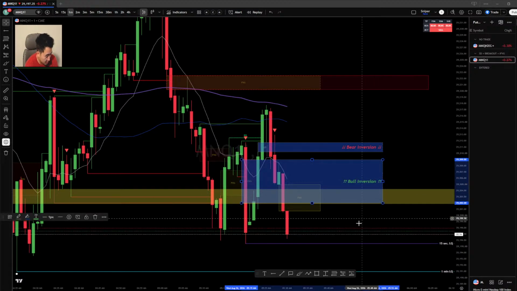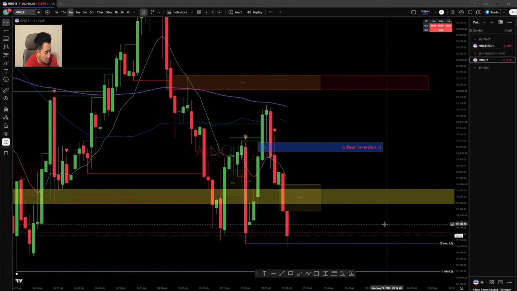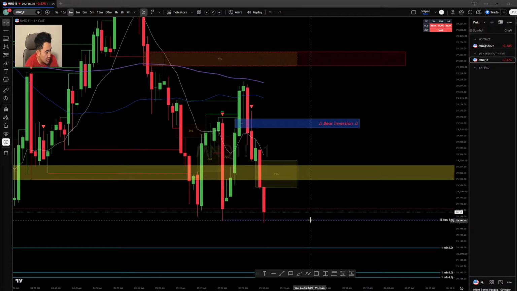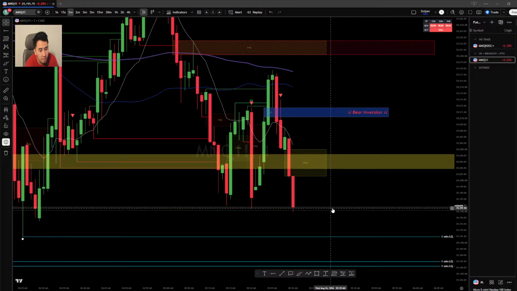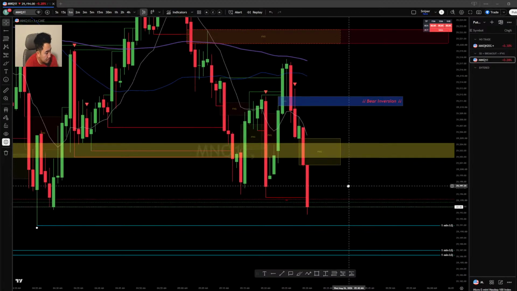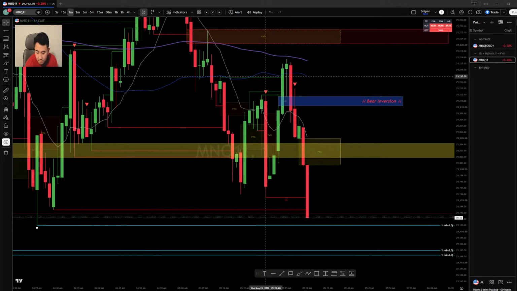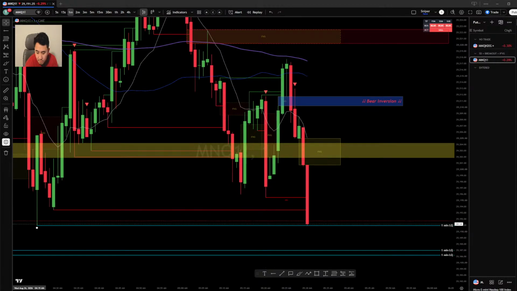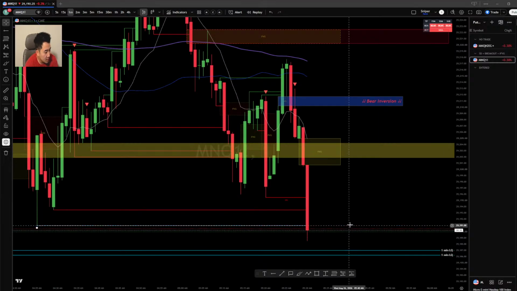All right, this bearish inversion is disrespected with this red candle that closed over, so we'll delete this one here. 15-second liquidity, we delete that one there. Yeah, it's taking all the liquidity here, huh?